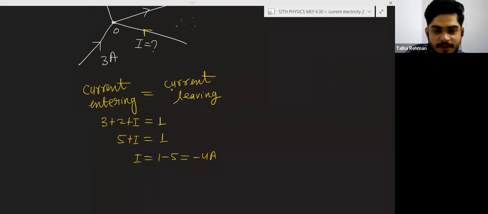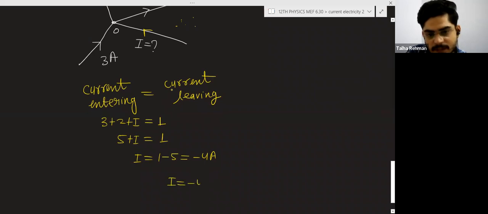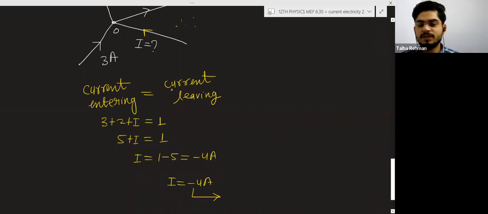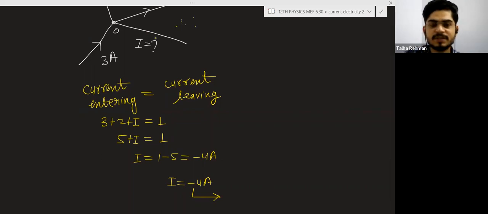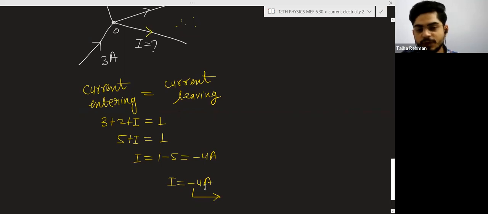Now the problem here is that this negative sign shows that you have considered this direction as the wrong direction. Why have you considered this direction as wrong? Because your output current is negative. So you have to remember this, you can miss this point.